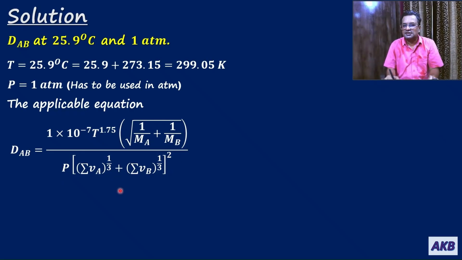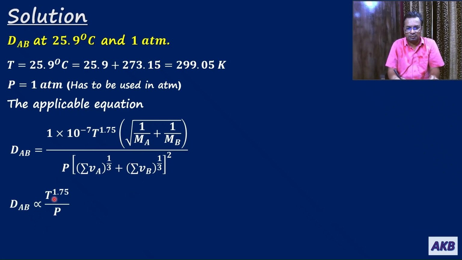Now one thing you can do is use this equation directly by putting the values that are known to you. The other way is, from this equation, the diffusion coefficient DAB is directly proportional to T raised to 1.75 and it is inversely proportional to P. All other terms are constant. So we have this relationship.